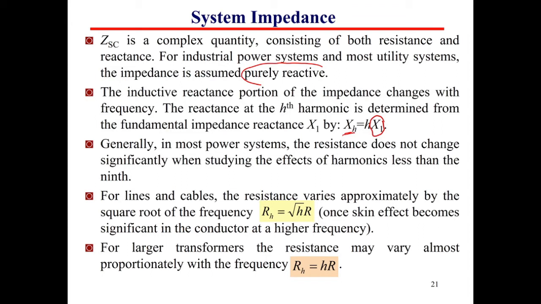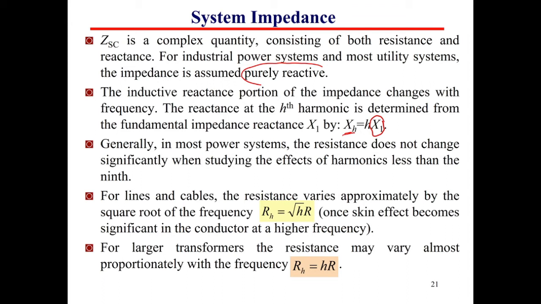The change will be in the reactance since it depends on the frequency or on the harmonic order. For line and cable, the resistance varies approximately by the square root of the frequency. So this is the variation of the line and cable; their system resistance depends on the frequency.